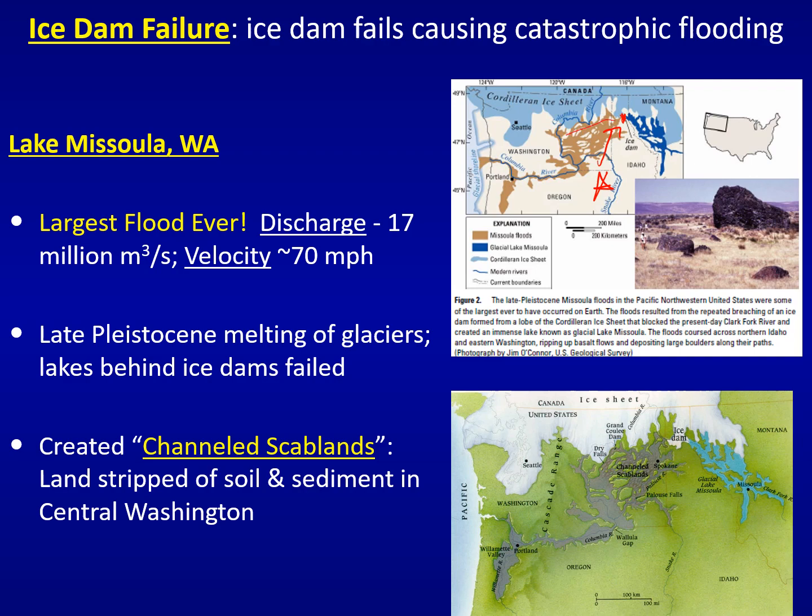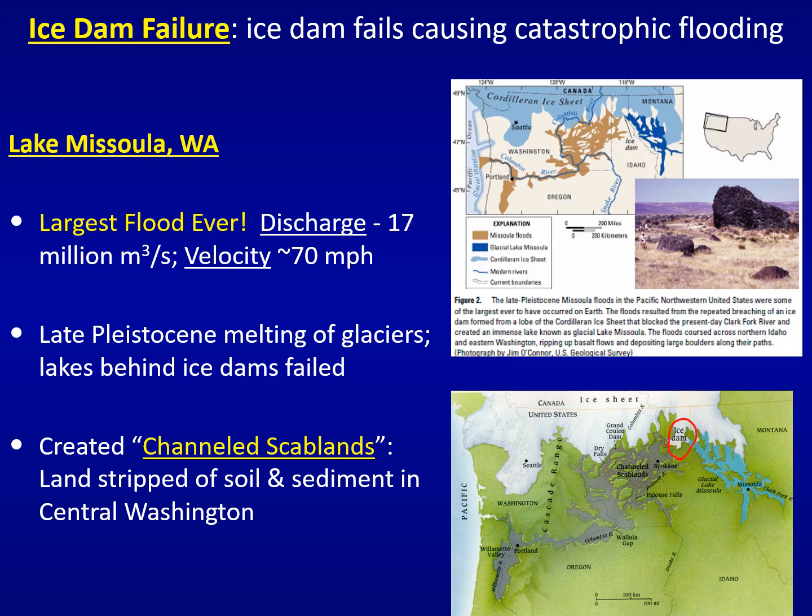And when it broke, the water just flushed over the entire eastern half of Washington State. It created a massive flood of 17 million cubic meters per second of water going over 70 miles an hour. It actually was such a large dam breach, and I'll go to the bottom picture to show you here, this is the ice dam that broke here.